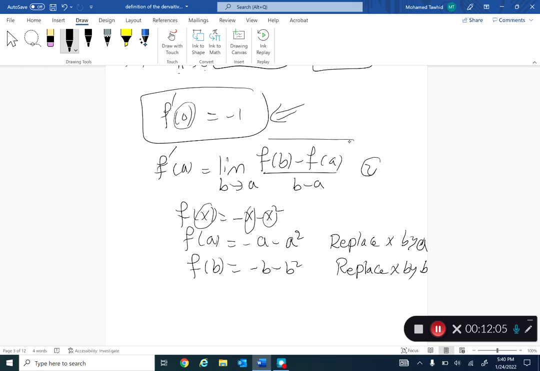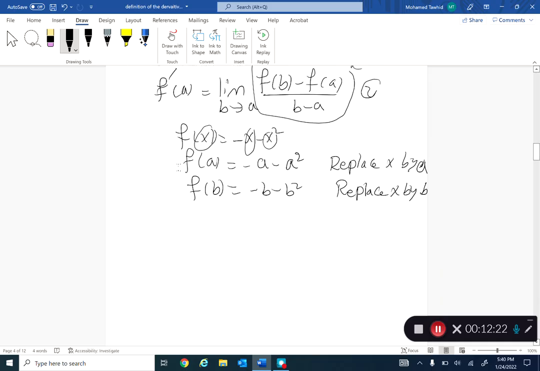So now I go back to this equation. That is your average rate of change of your f of x. So I take this average rate of change, I simplify as much as we can, and at the end, I will take the limit. What is the limit? B close to a, which means you replace b by a.